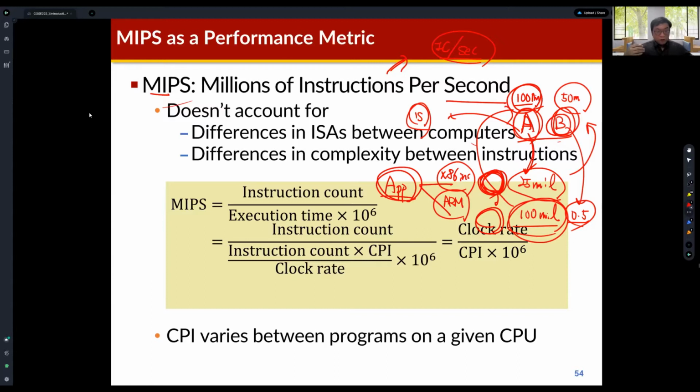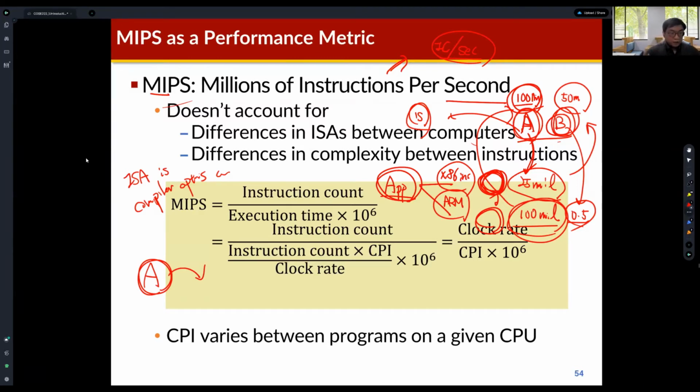So we can use MIPS as a performance metric if the ISA is the same and the compiler options are the same. Do you understand? So the same application should be compiled.